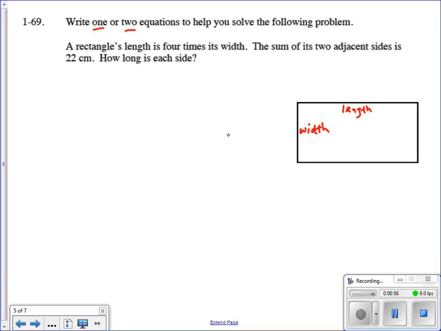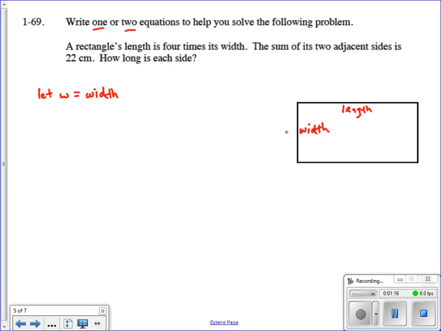So I'm going to define my variable by starting out with saying I'm going to let W equal the width.